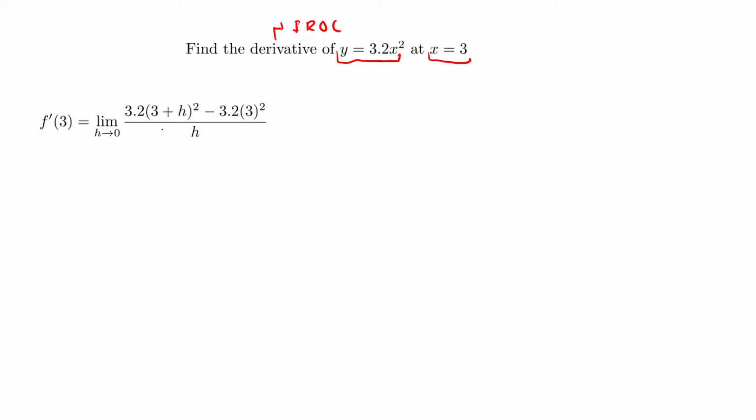Now, when dealing with limits, remember that the first thing you always want to do is try for direct substitution. Okay? Although in this particular example, if you try to do direct substitution, you will get 0 over 0 every single time.